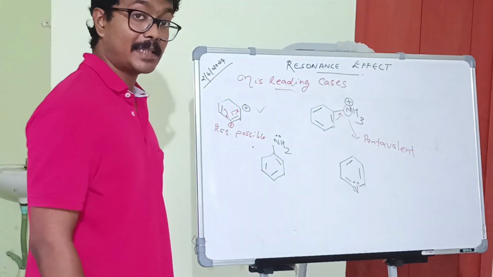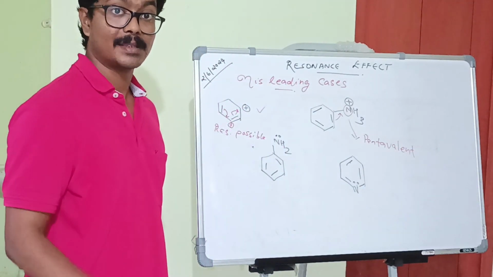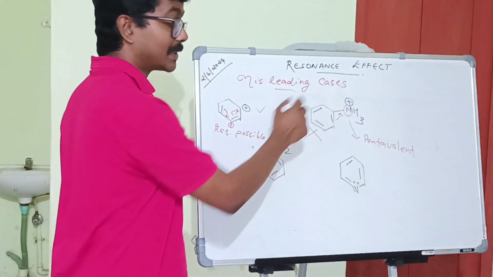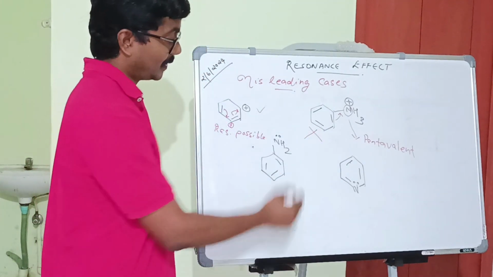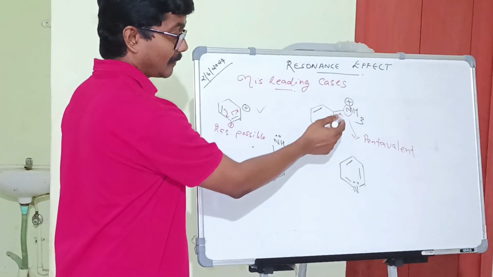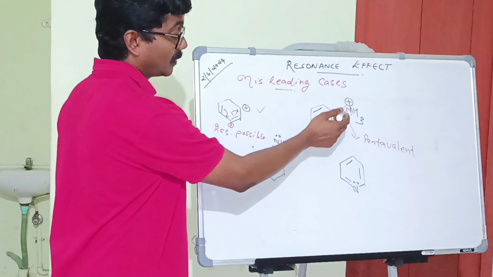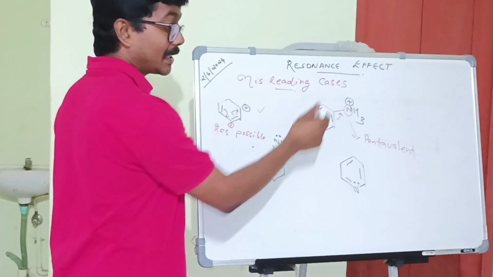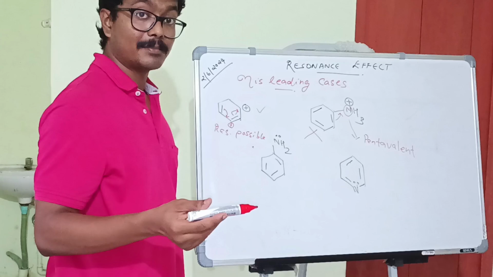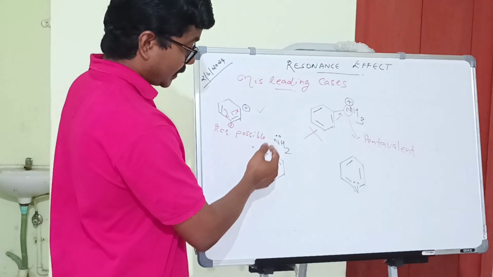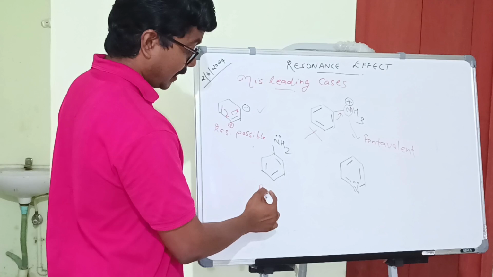Nitrogen will become a pentavalent atom. That is not possible. So resonance is not possible in this case. The reason is that when the pi electrons move towards the bond between carbon and nitrogen, the nitrogen will become pentavalent, which is not possible. And what about this case? This is called aniline.